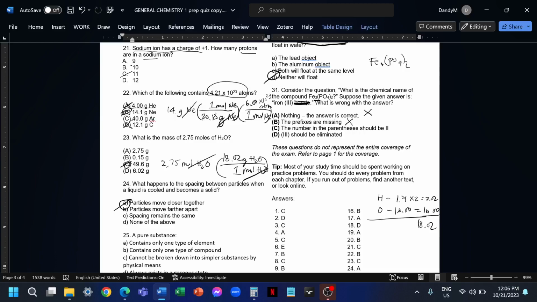Letter C, the number in the parenthesis should be 2, correct? 3 should be eliminated, or the parenthesis and the number should be eliminated. So the answer for 31 is letter C. The number in the parenthesis should be 2 because again, that's the charge of iron on this compound.